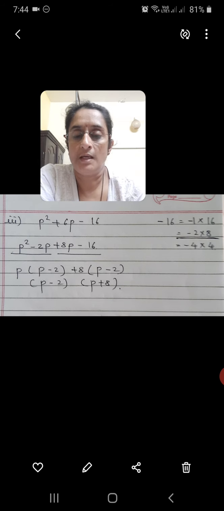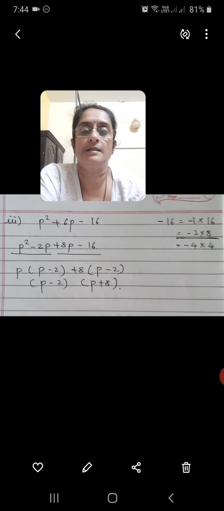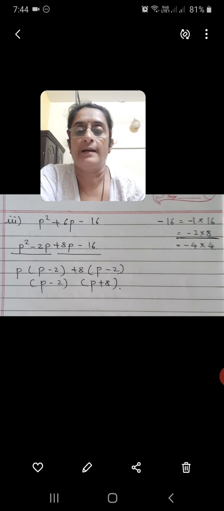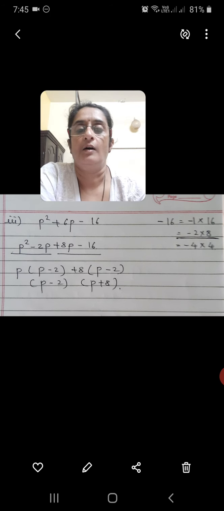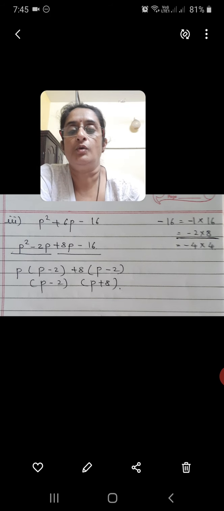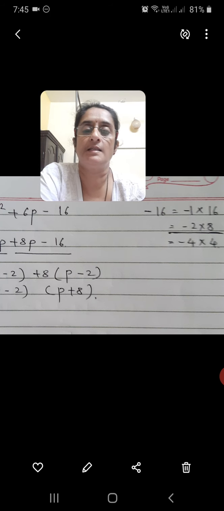Now we have to see the last term, that is the constant. The constant is minus 16. So what are the factors of minus 16? It will be 1 into 16, where either number can be negative, so minus 1 into 16 gives us minus 16. Or the second one is 2 into 8, and 4 into 4 also gives us 16.